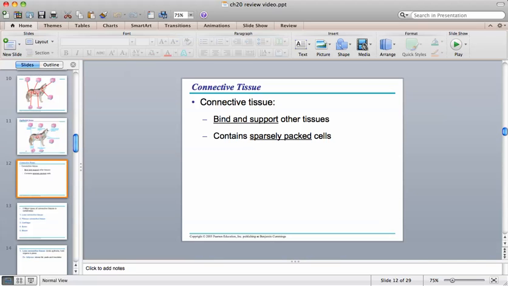And the cells of this tissue are more loosely packed. They're not really tightly packed. So that is a telltale sign of the connective tissues.